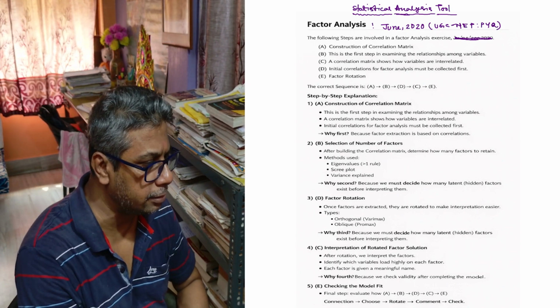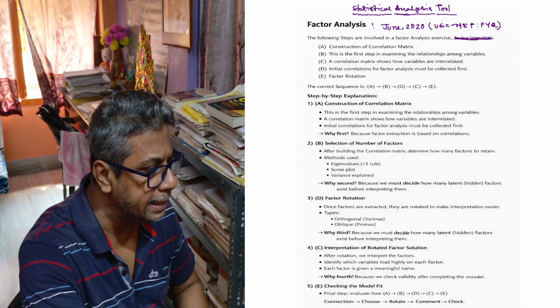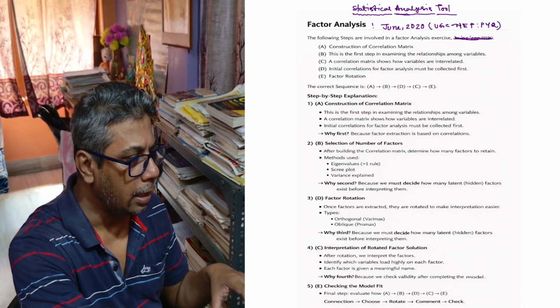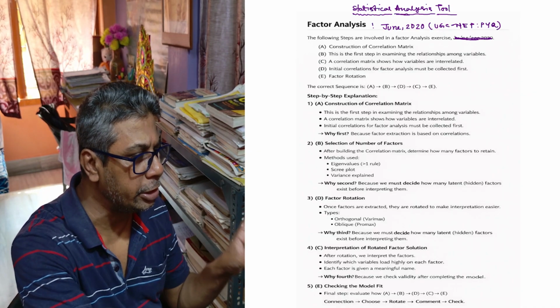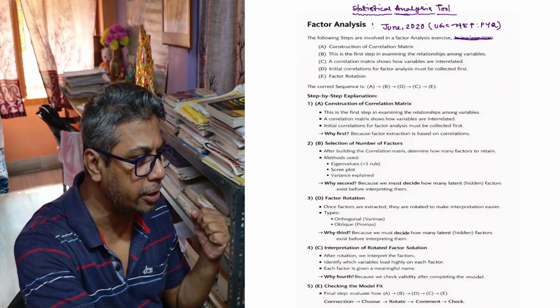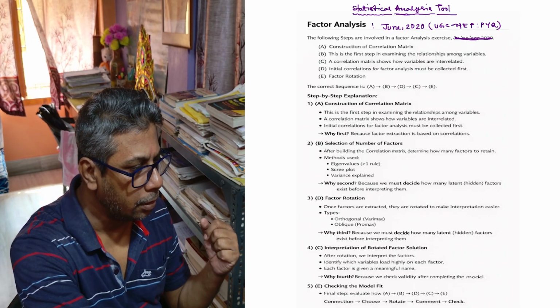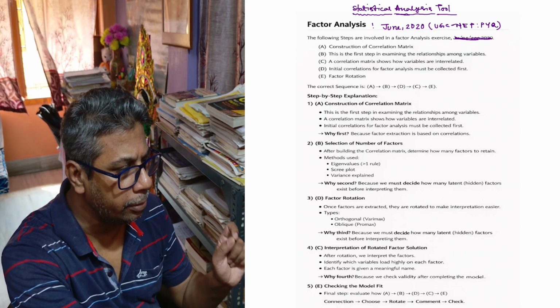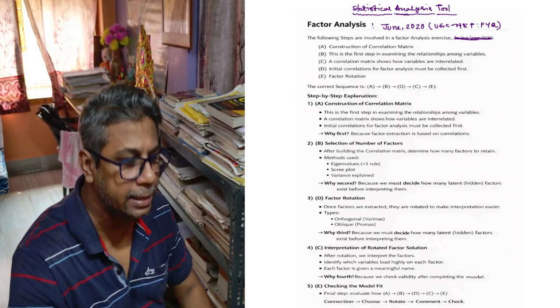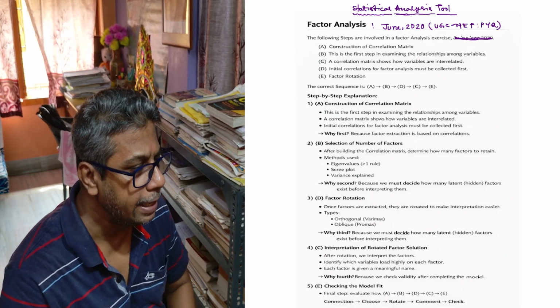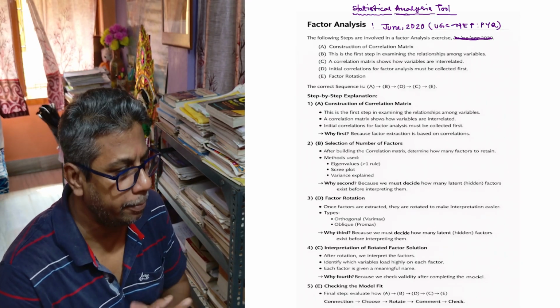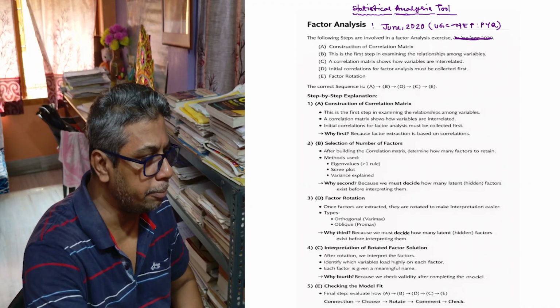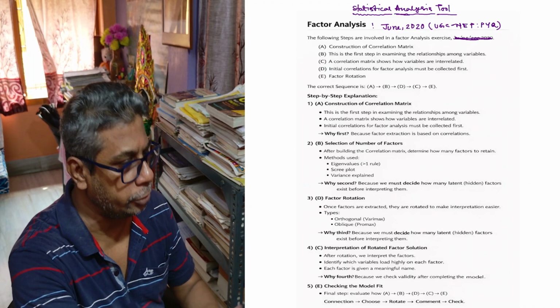I have already discussed the first question. D, factor rotation. Under this section, the rotation types are orthogonal rotation or oblique rotation. Why is it third? Because we must decide how many latent, hidden factors exist before interpreting them. And C, interpretation of the rotated factor solution.